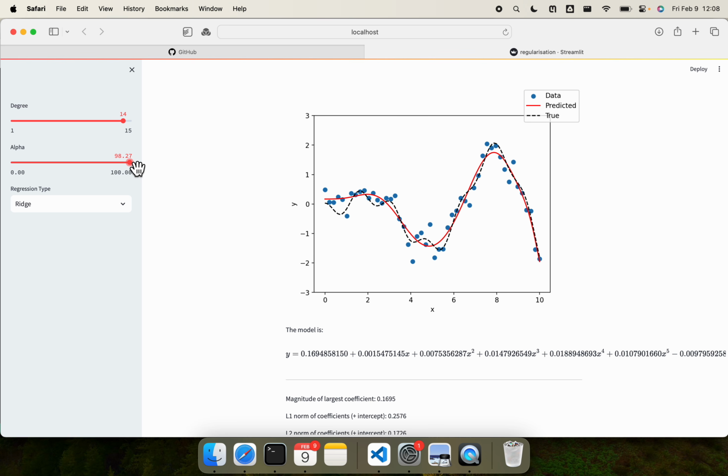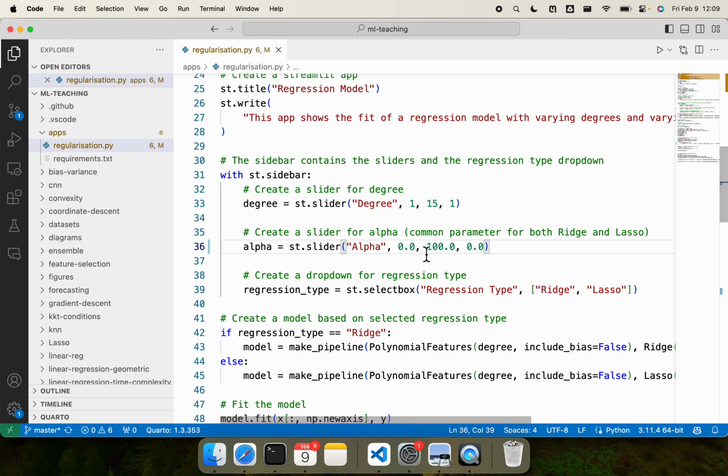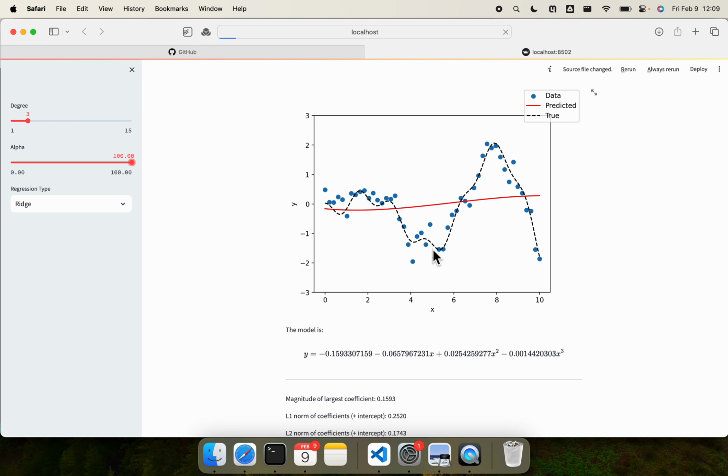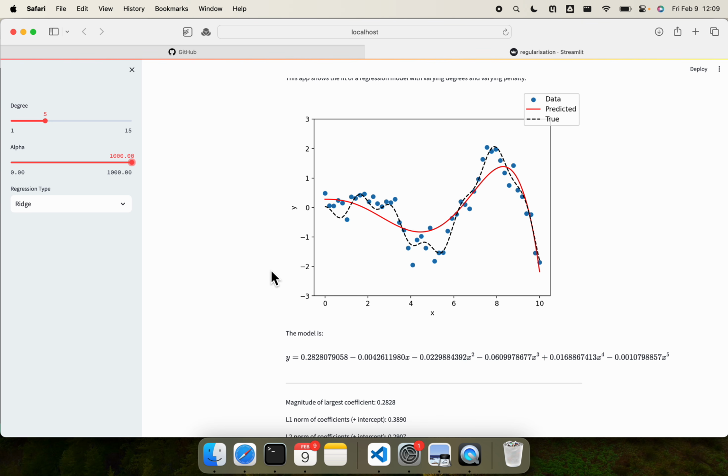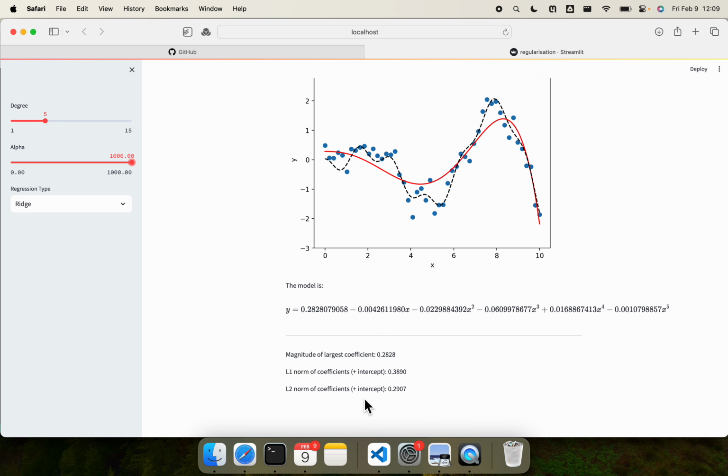I could have increased it much further, or let us say maybe I choose a smaller degree. These keep getting smaller, but they're not exactly 0. At this point, it's almost like a linear fit. If you want to take this further, right? So they keep getting smaller. The L2 norm of the coefficients is a very, very small quantity, but will not become exactly 0.